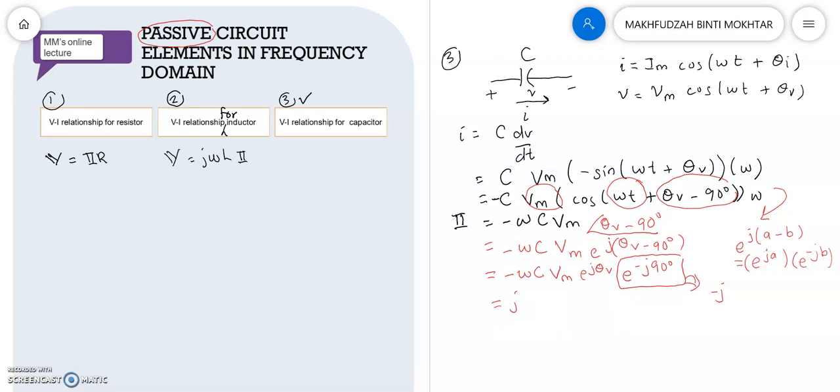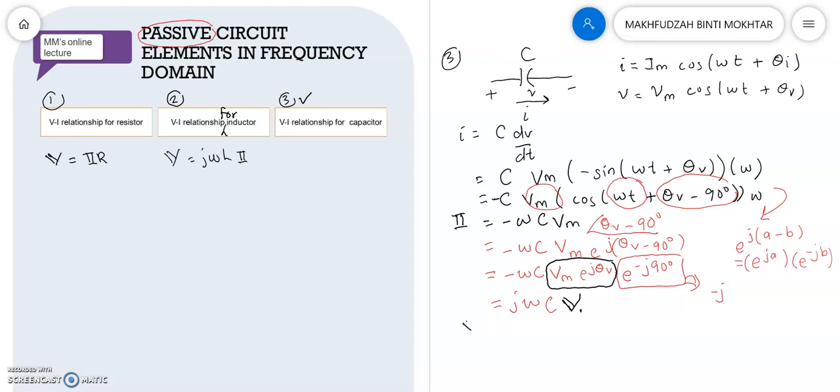Okay, and we also have omega here, and we have the capacitance. And when we talk about Vm exponent j theta V, I can now write this value as V, which is the phasor transform of the voltage. Alright, so I can now rewrite the VI relationship.